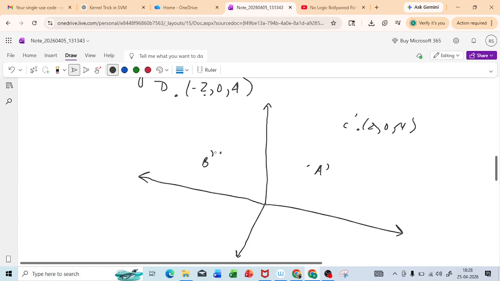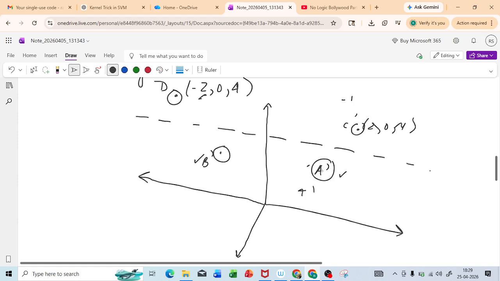So this is one classification, the plus 1 class. These two, C and D over here, belong to the minus 1 class. So we can have a plane something like this, which separates these two points. So this is D, this is C, this is B dash, this is A dash.